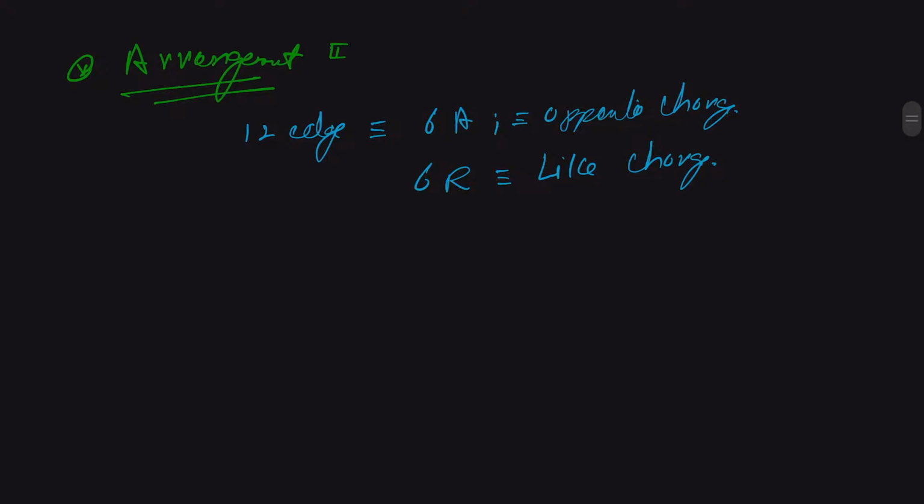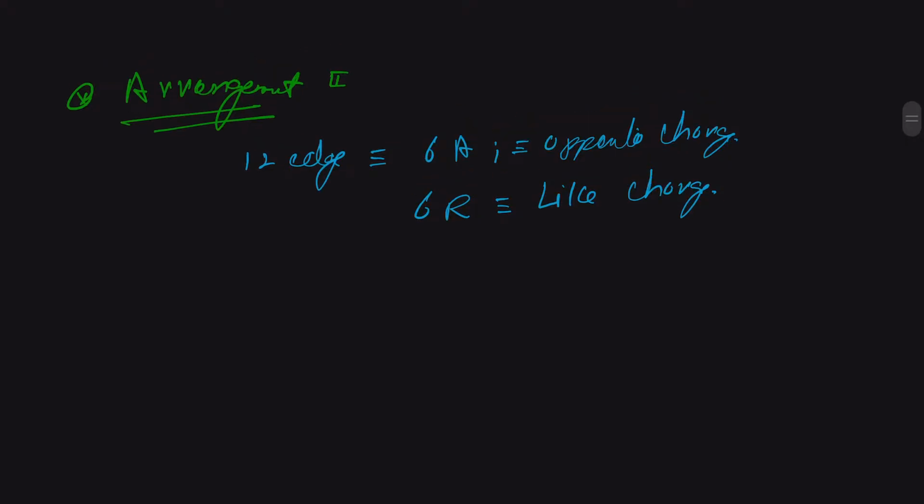The potential energy of the opposite charges is minus 6 times the same term, because the 12 edges all have a distance of A, so everything will be the same, and for the like charges this will come as plus 6 times the same term.